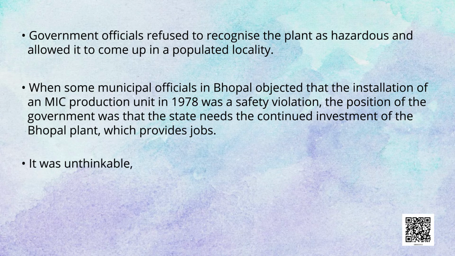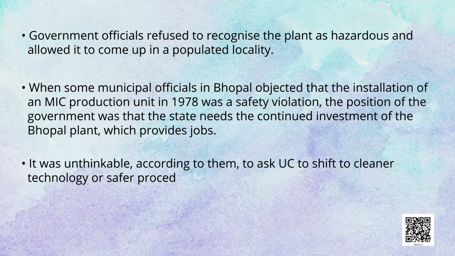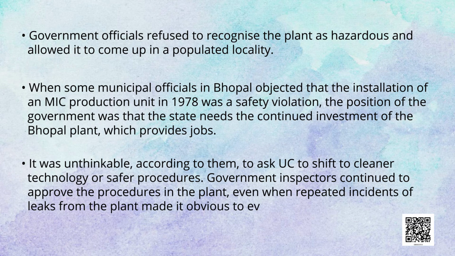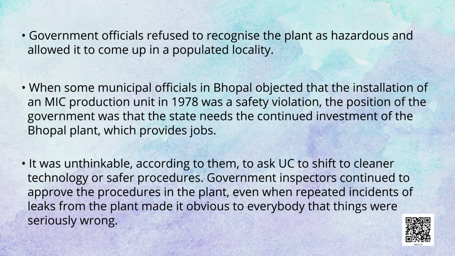It was unthinkable, according to them, to ask UC to shift to cleaner technologies or safer procedures. Government inspectors continued to approve the procedures in the plant, even when repeated incidents of leaks from the plant made it obvious to everybody that things were seriously wrong.